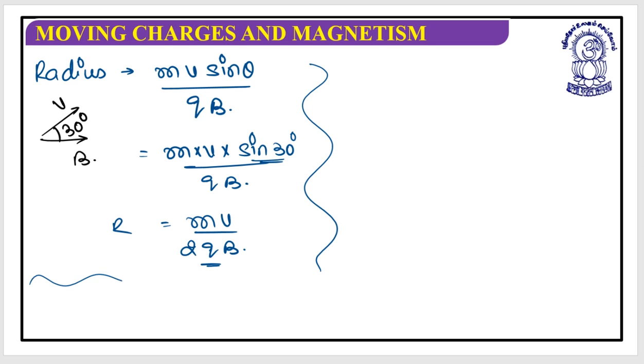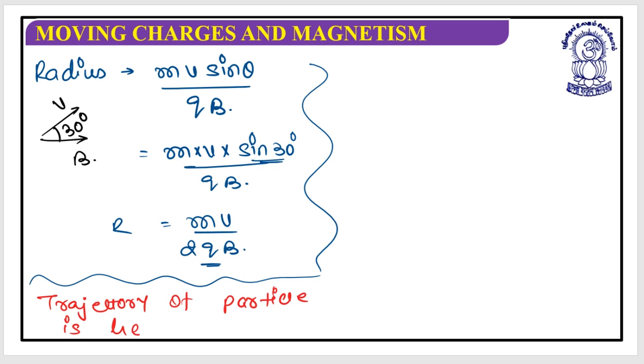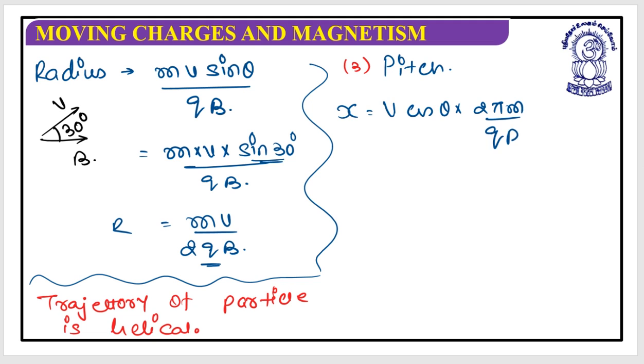Next, the path or the trajectory of the particle is helical. Second answer. Third, they were looking for the pitch. So the pitch is v cos theta multiplied by 2 pi m divided by qB.